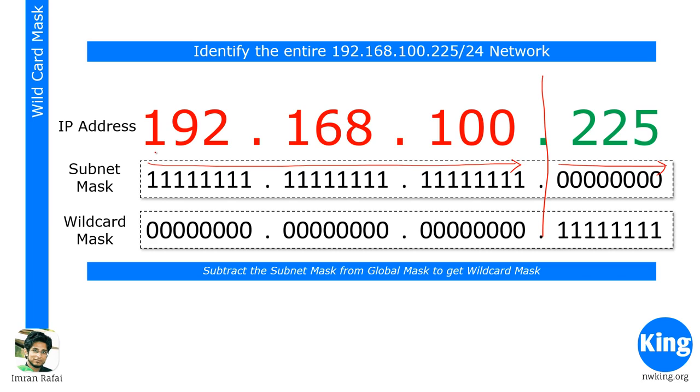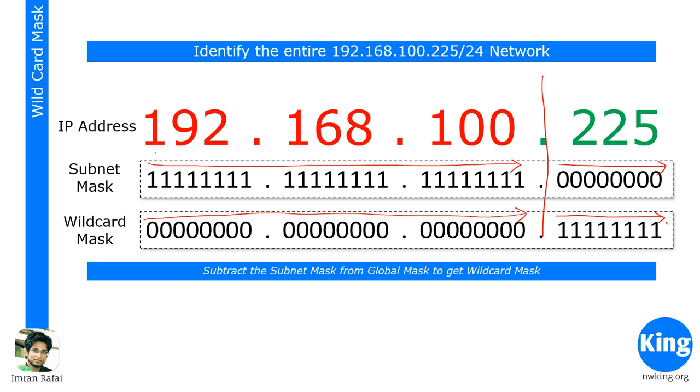In fact, it is the inverse of subnet mask. Wherever you have ones in the subnet mask, it is zeros in the wildcard mask, and wherever it's a 0, it's a 1 in the wildcard mask. Now this is not a rule, that means it's not always the case, but for your CCNA level, this is always the case, right?